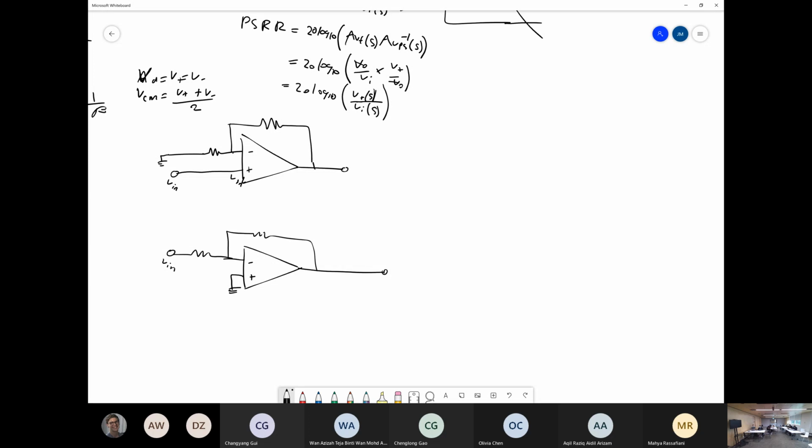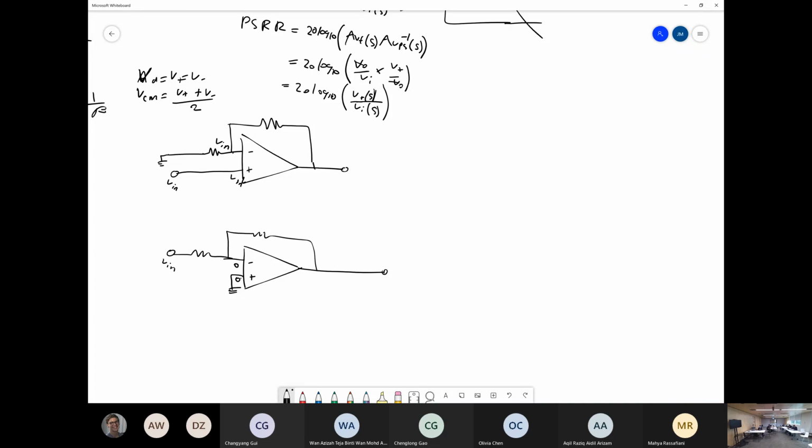So what would it be? VN? Yeah, VN. Perfect. Exactly correct. Okay, let's continue. What's the voltage here at this plus pin? 0. Yep. So what would the voltage be here? 0. Right. So what can we deduce?